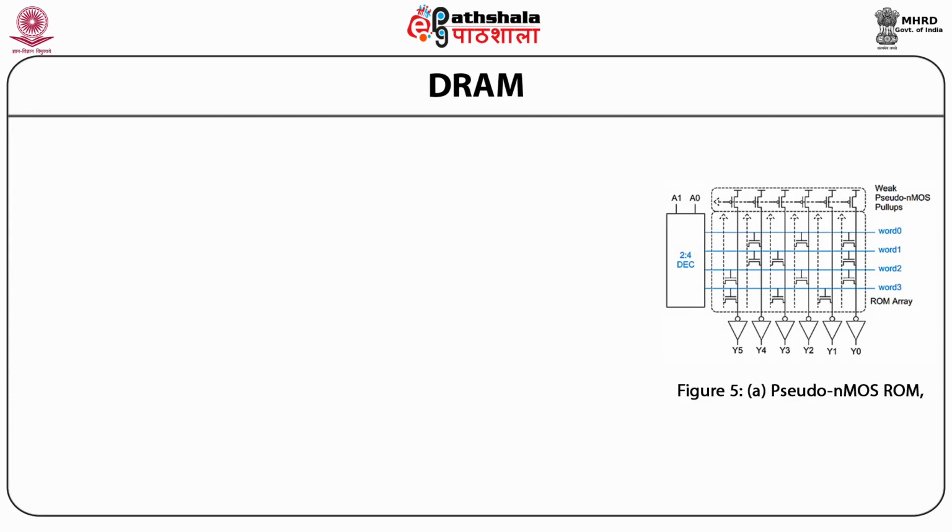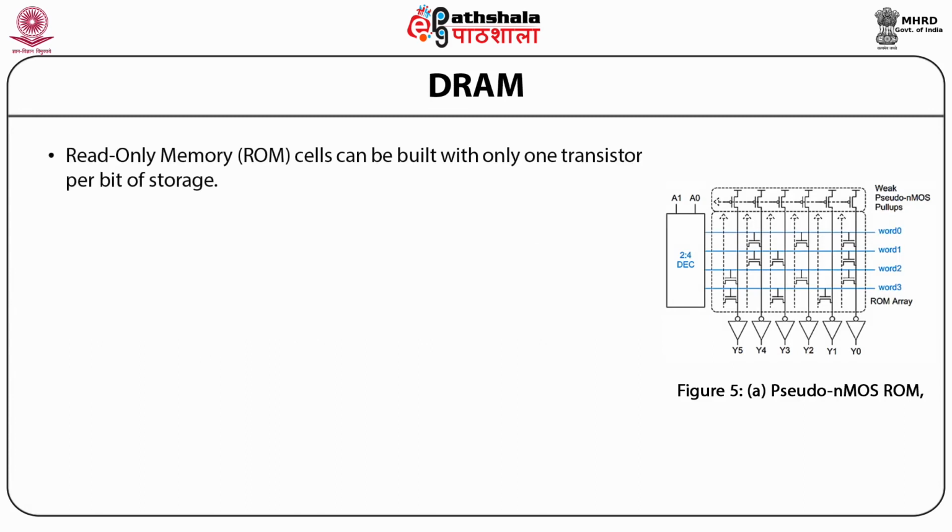Let us now discuss another important class of memory, that is ROM or read-only memory. So here the cells can be built with only one transistor per bit of storage. So a ROM is a non-volatile memory structure in which the state is retained indefinitely even without power.